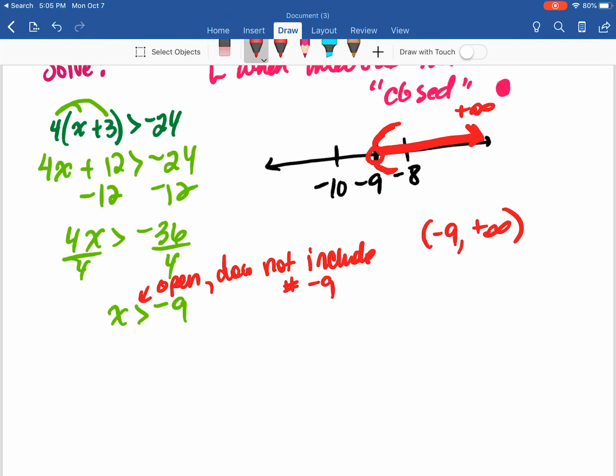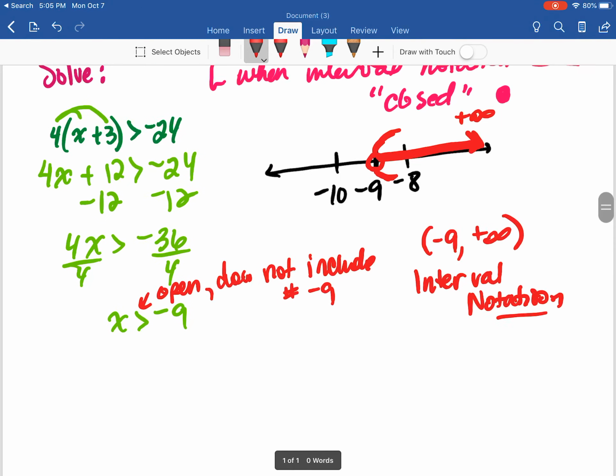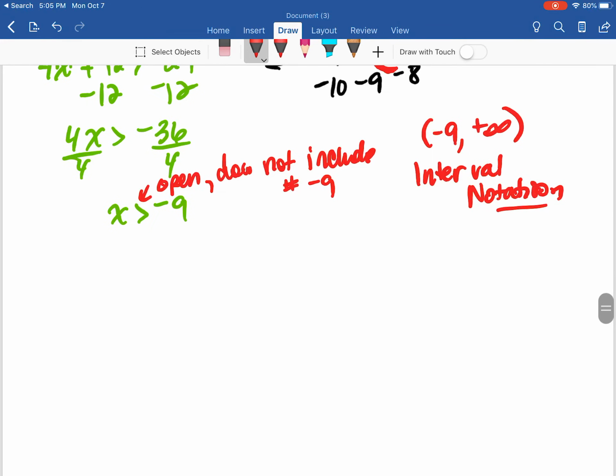When we're talking about positive infinity, you don't necessarily have to put the plus, but it's fine if you do. We read left to right, so I'm going to put the smaller number first, and then the larger number second. Do not confuse the inequality symbol with the interval notation. If I ask for interval notation, this is what we're looking for. If I ask for simplified notation, this would be what we're looking for.